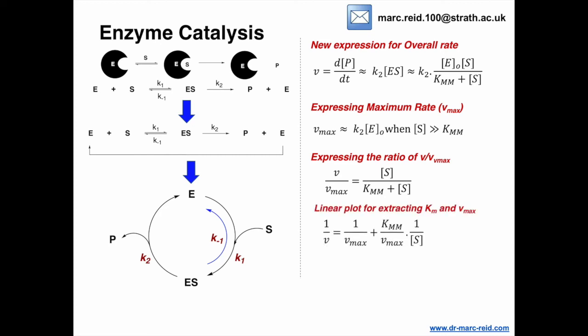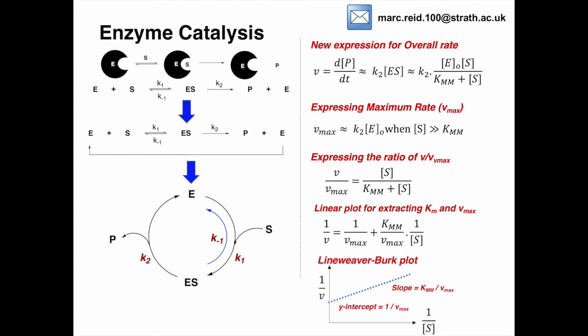If we rearrange this latest expression into a linear form, you get the Lineweaver-Burk relationship. When plotted, this gives the now infamous Lineweaver-Burk plot. By plotting reciprocal rate versus reciprocal substrate concentration, we get a convenient method for extracting maximum rate and the Michaelis-Menten constant, which, in simplest cases, is thought to approximate the substrate enzyme binding constant.